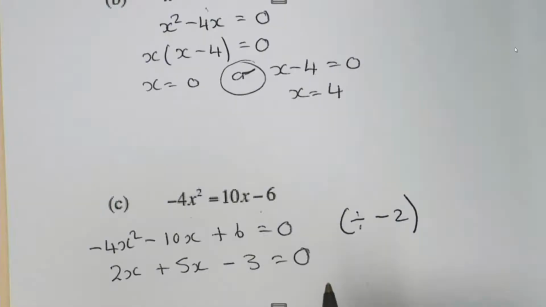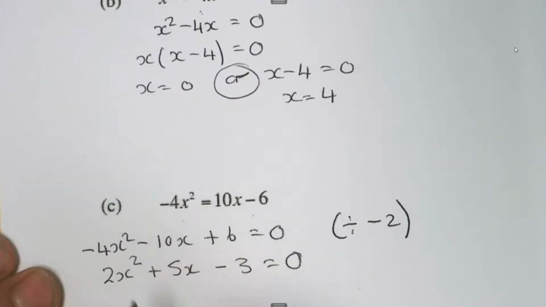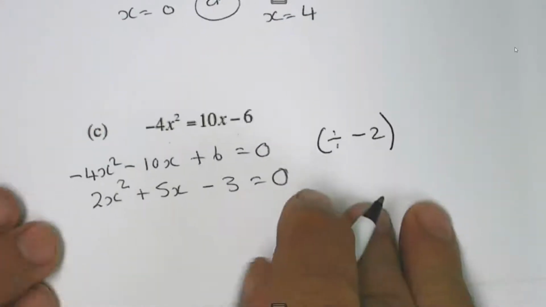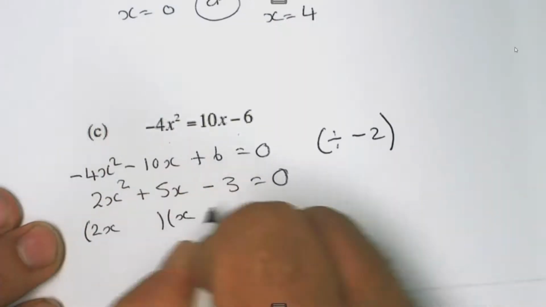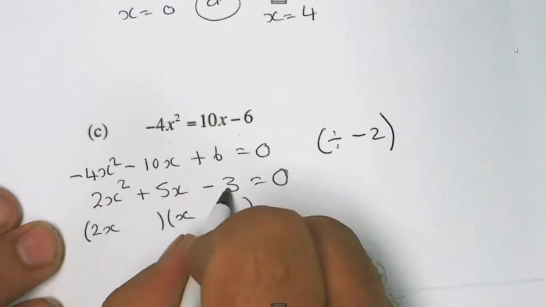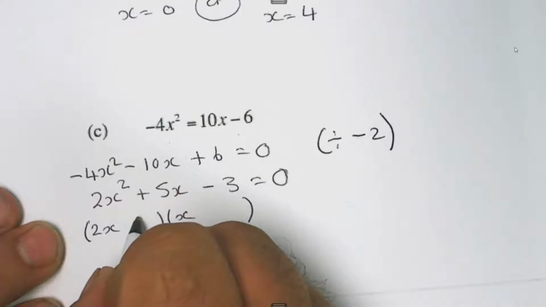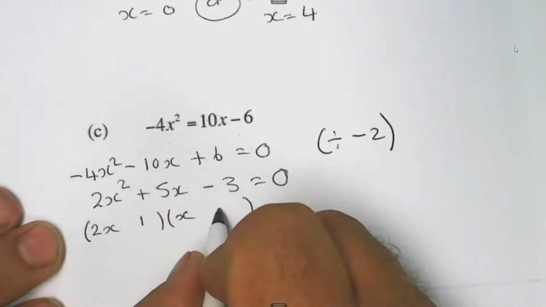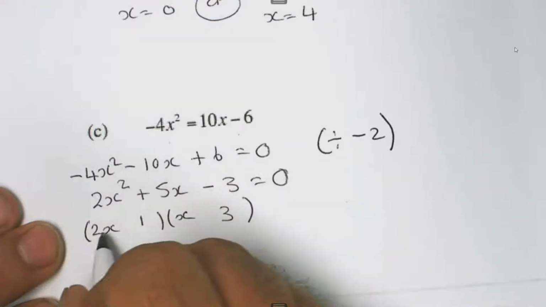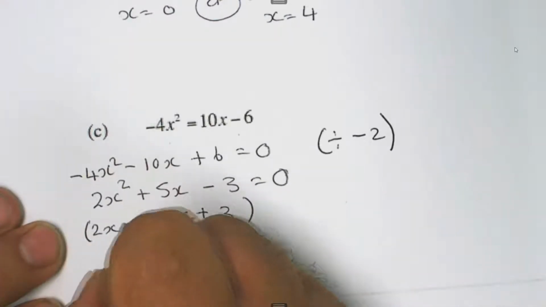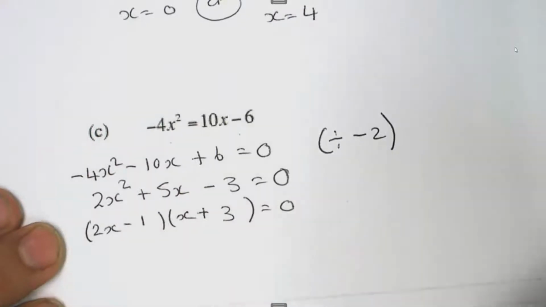Now, in this case here, we've got to find the factors. So the factors of 2x squared is 2x multiplied by x. The factors of 3, in this case, would be 1 and 3. This here is opposite sign. So one gets a plus, the other gets a minus, equal to 0. And let's see whether it's correct.